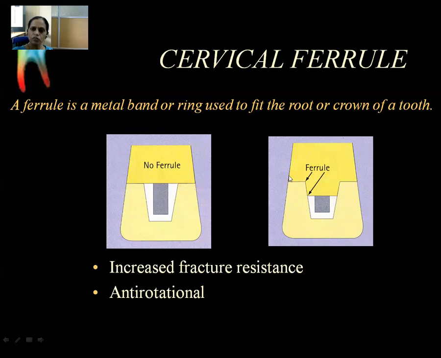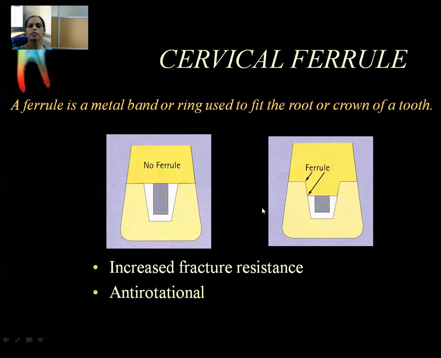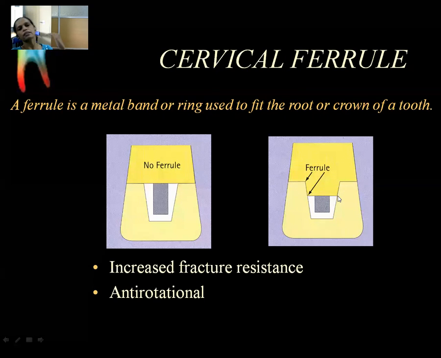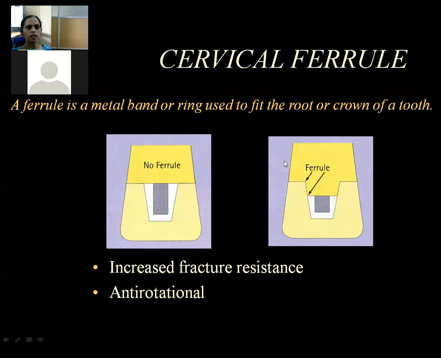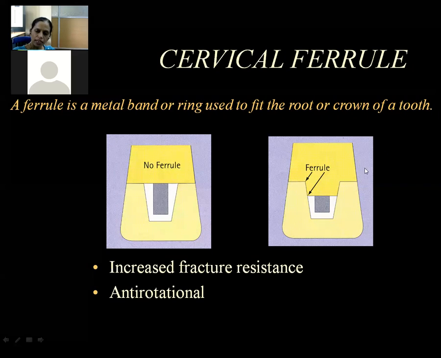Okay, this is very necessary. If you don't give ferrule, what will happen? The force will cause more stress. I told you yesterday, the stresses are more in which area? In the shoulder area, in the CEJ junction and in the apical 1/3. So we can reduce the stresses in the CEJ area by giving ferrule.